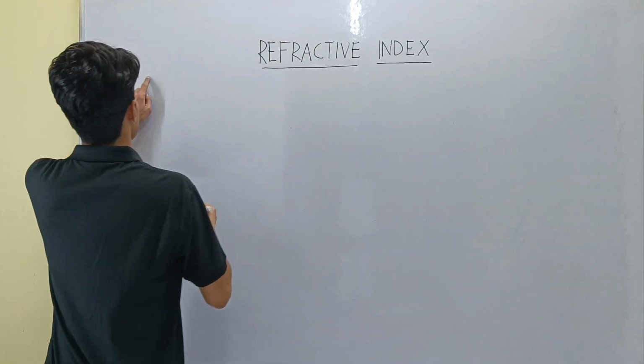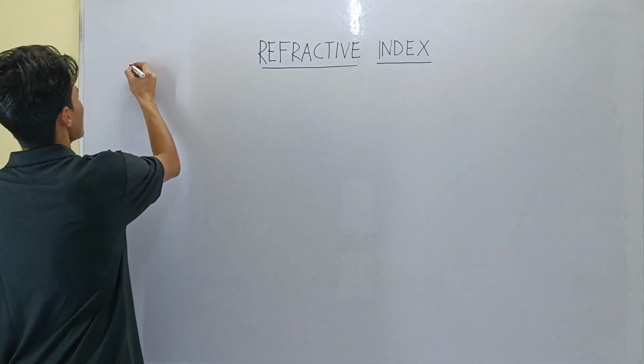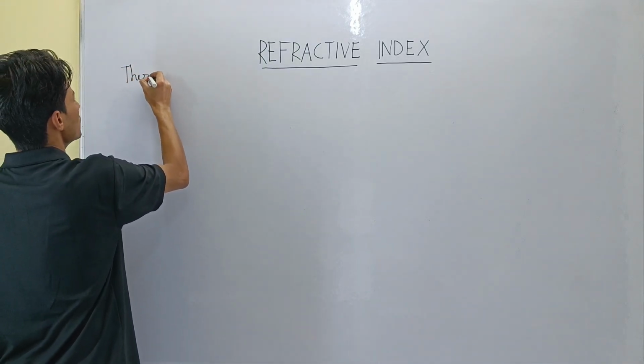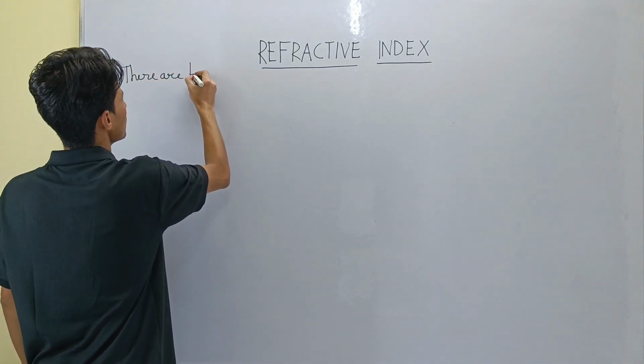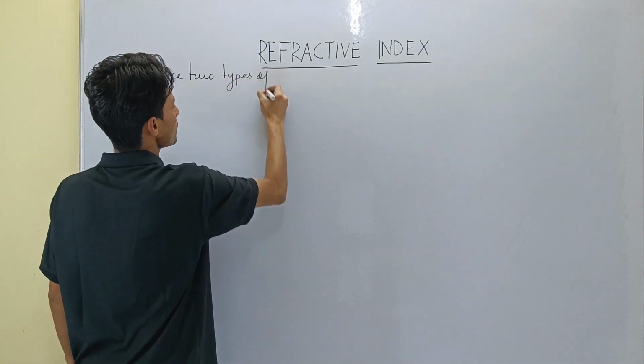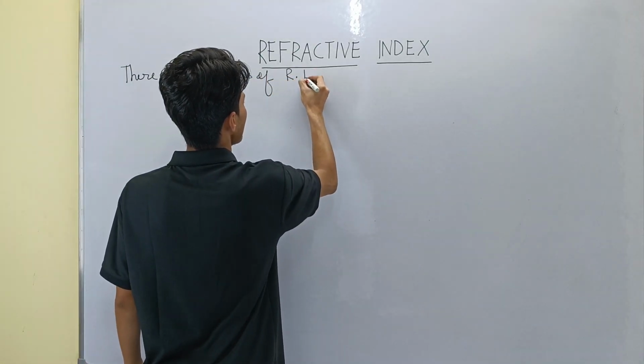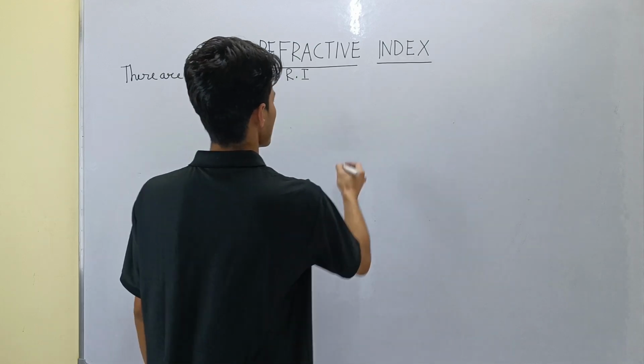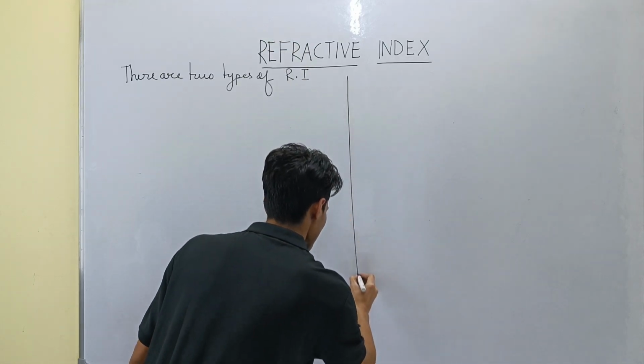So there are two types of refractive index. We'll discuss them one by one. So let me draw a partition here.